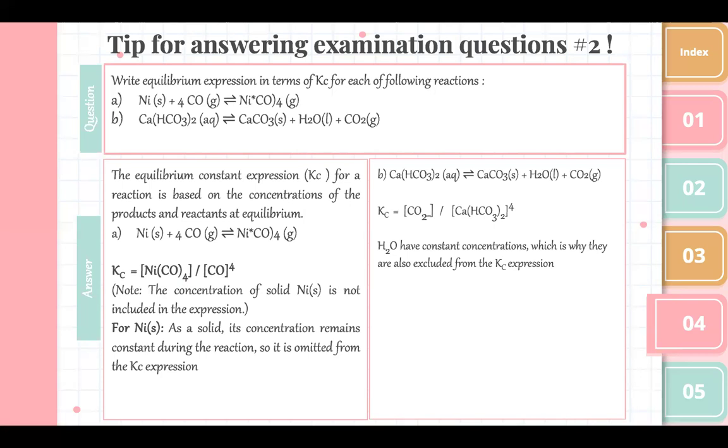So the equilibrium constant, Kc, which is the solution for question A, is equal to the concentration of nickel tetracarbonyl divided by the concentration of carbon monoxide raised to the 4 power.